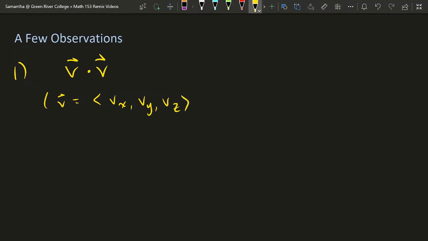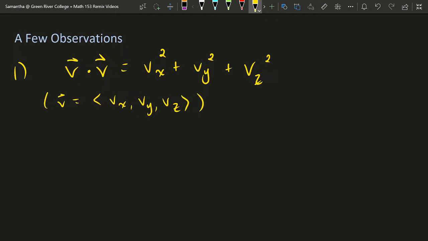If you dotted that vector with itself, then you would get vx times vx, the two x components multiplied together, vy times vy, the two y components multiplied, vz times vz, the two z components multiplied, and then you would add those results together, and that would be equal to the dot product of this vector with itself.